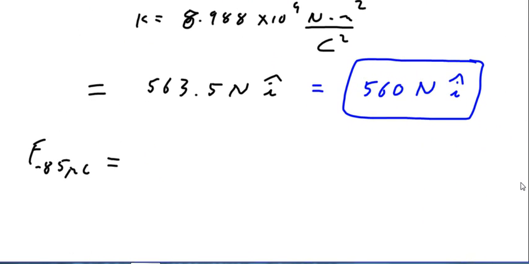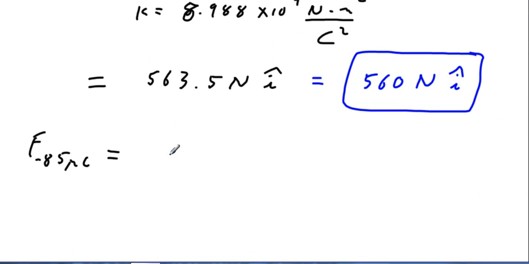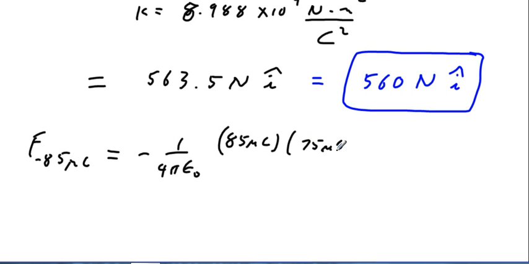negative. All right. So I'm going to have minus 1 over 4 pi epsilon naught. I like those guys better. 85 microcoulombs, 75 microcoulombs divided by 0.7 squared meters.